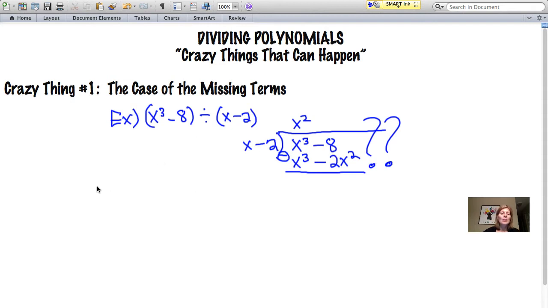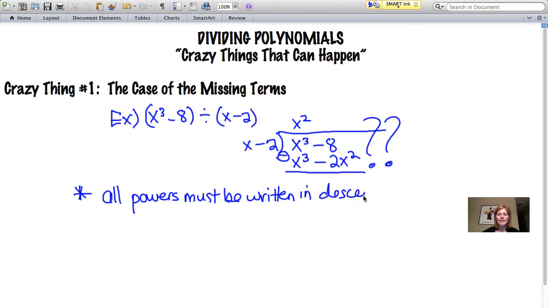So there's a rule, and the rule is that when you're using long division, when you're dividing polynomials, all powers, and we talked about this in class, all powers must be written in descending order.